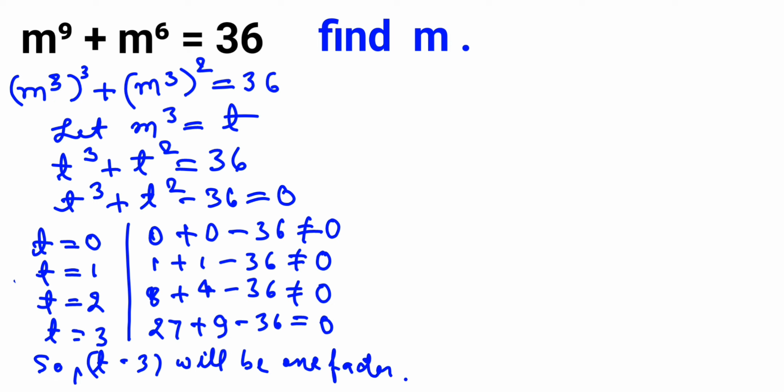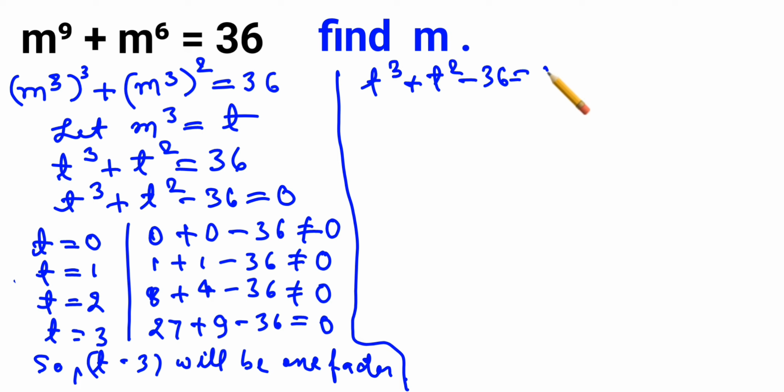Next we write t cube plus t square minus 36 is equal to 0. Next step, t cube plus, in place of t square we can write minus 3t square plus 4t square, then minus 36 is equal to 0.